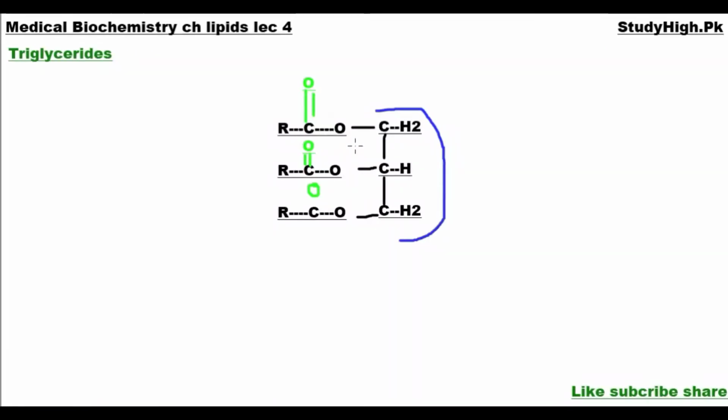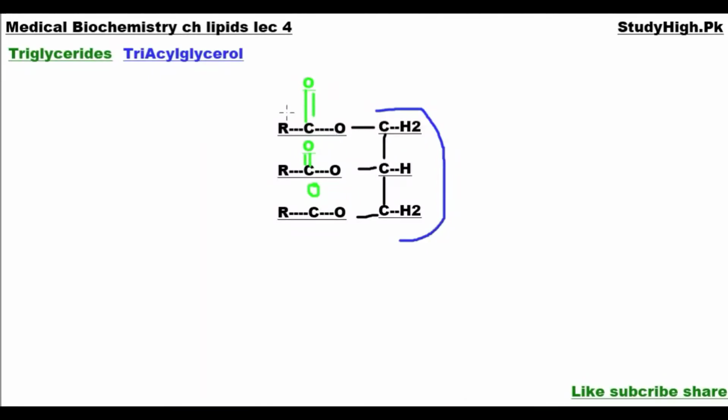Glycerol is a trihydric alcohol, and its three hydroxyl groups react with three fatty acids to give rise to triglyceride, or another name, triacylglycerol, because it consists of three fatty acid groups that react with the hydroxyl groups of glycerol, resulting in the formation of ester linkages between them.